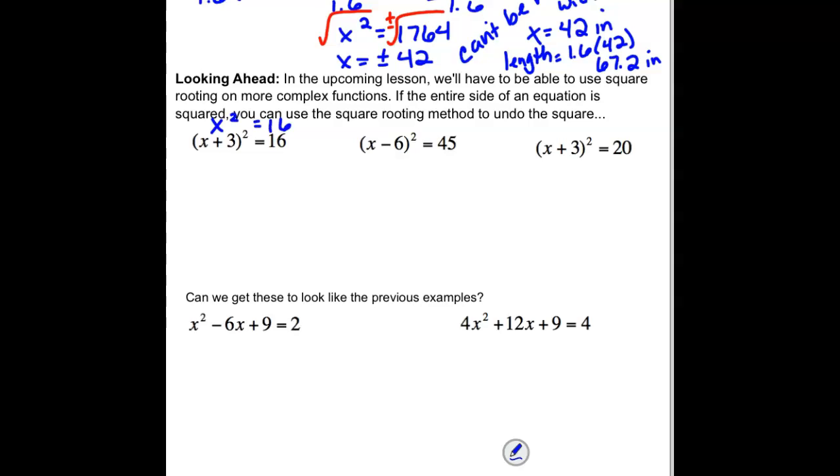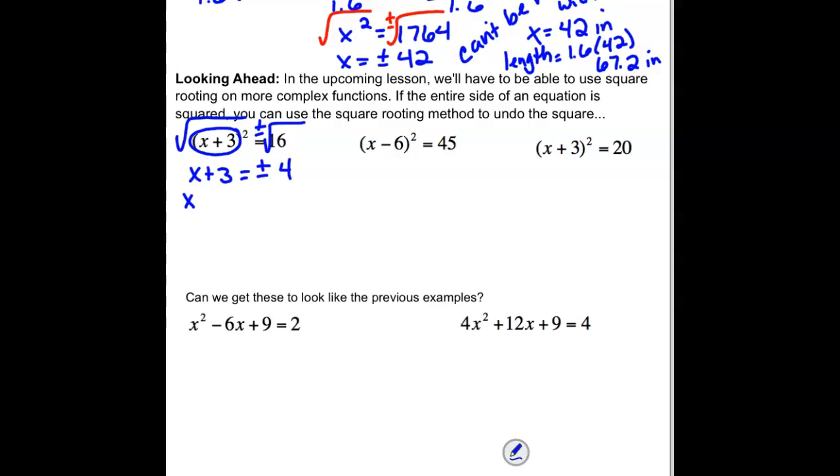But because the whole left side is inside that square, we can go right to square rooting both sides. We still have to consider that plus minus. When we square root something that was squared, it's going to cancel it out. So we really end up with just the x plus 3 left. On the right side, we end up with positive and negative 4.